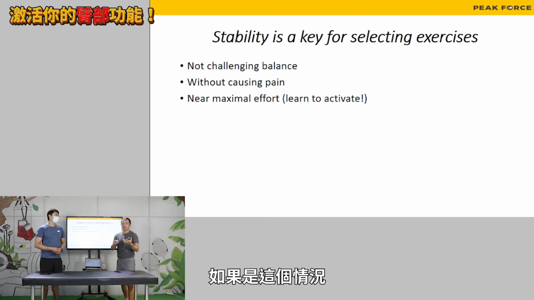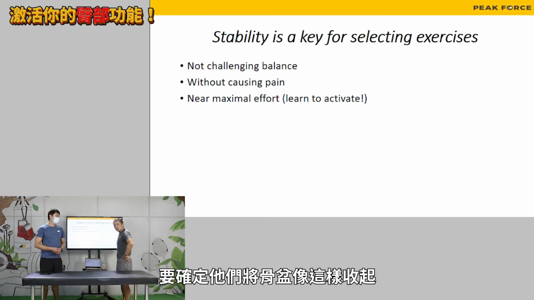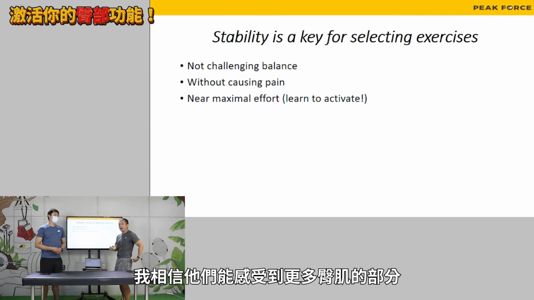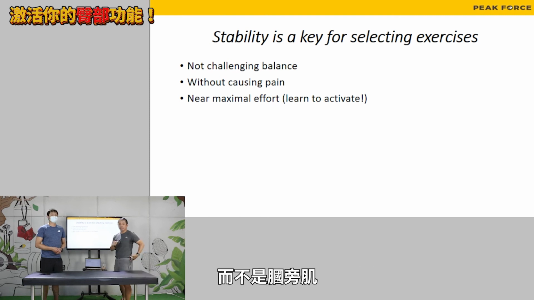If that's the case, make sure that you let them tuck in the hip this way and then do the glute contraction, and then I'm pretty sure they feel it more for the glutes, not to the hamstring.